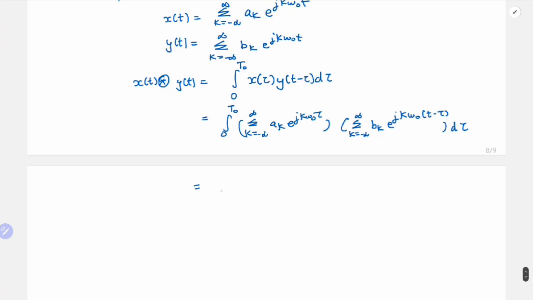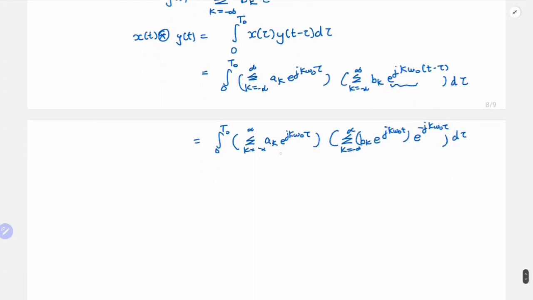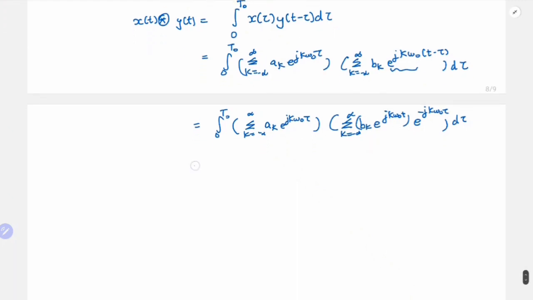So now we can consider this as summation minus infinity ak e power jk omega naught tau. And this one, e power jk omega naught t, is like some phase, so we can take it as part of bk itself. bk e power jk omega naught t together, e power minus jk omega naught tau d tau. Okay. And we know how this multiplication will turn out, right?